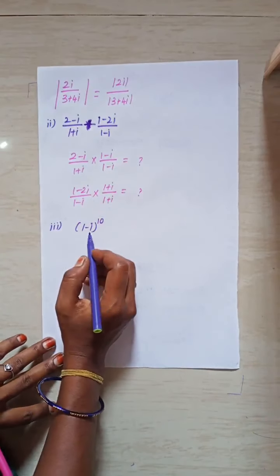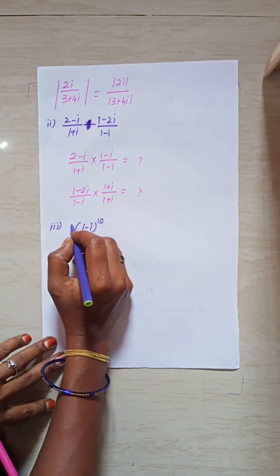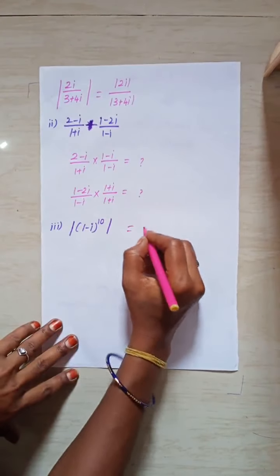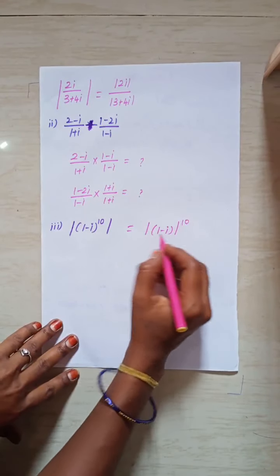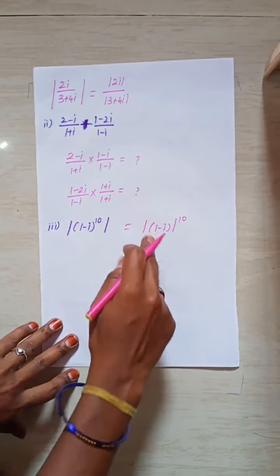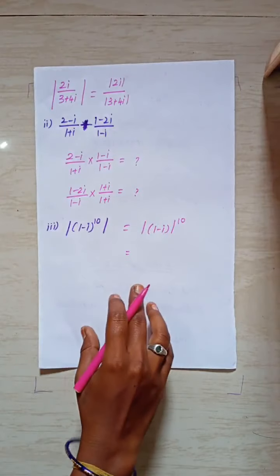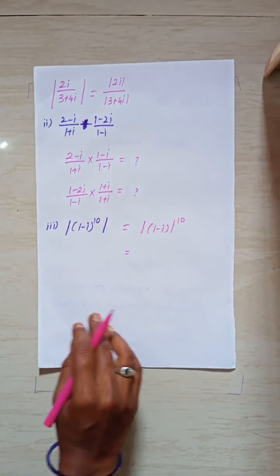Third sum: 1 minus i the whole power 10. Taking the modulus of this, we can write modulus of 1 minus i the whole power 10. Modulus of 1 minus i, as usual, is the square root of 1 squared plus 1 squared. So we got the square root of 2 the whole power 10.